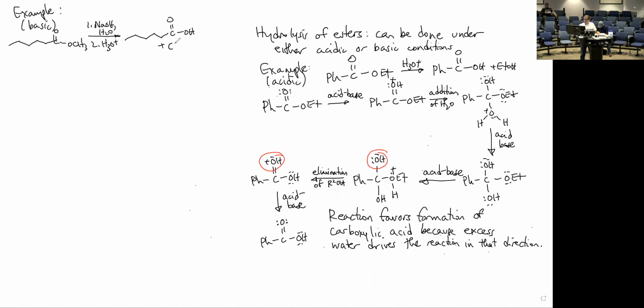OH plus CH3OH. So in the first step, we have aqueous sodium hydroxide, and the first step is going to be our addition step. There, this is better. Now I have enough room.